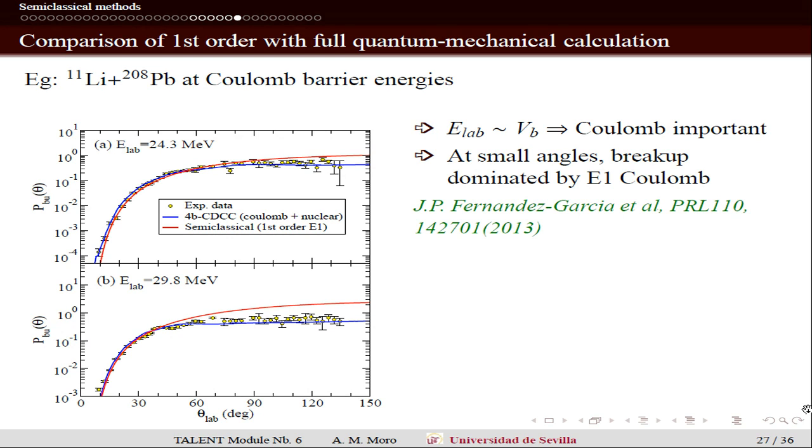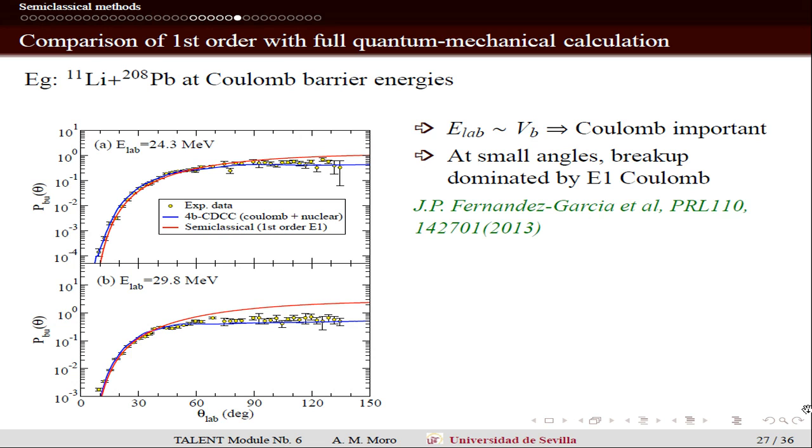But the meaning of a small or large scattering angle will depend also on the kinetic energy, on the velocity, because what matters is the ratio between the collision time and the excitation time, so the adiabaticity parameter. So in this particular case, you see that the two approaches agree very well with each other up to maybe 30 or 40 degrees. So this is not a small angle, as we saw before. And then they start to depart.